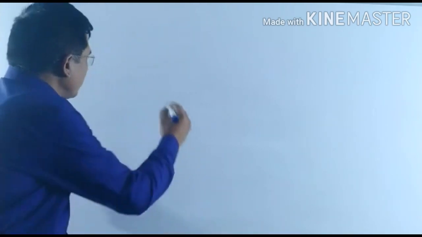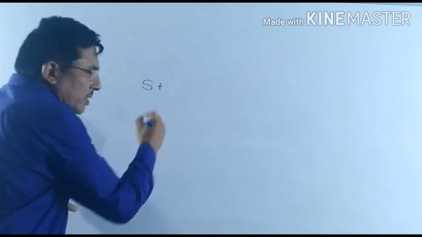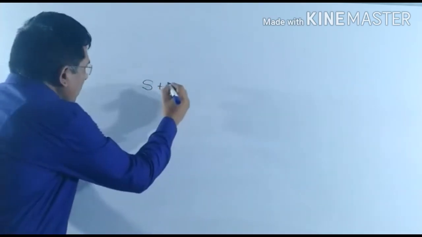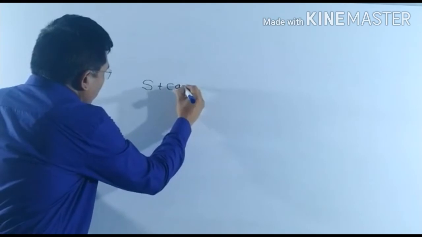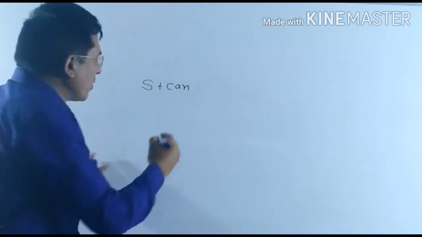To make a sentence, take subject first, then take can and base form of verb.